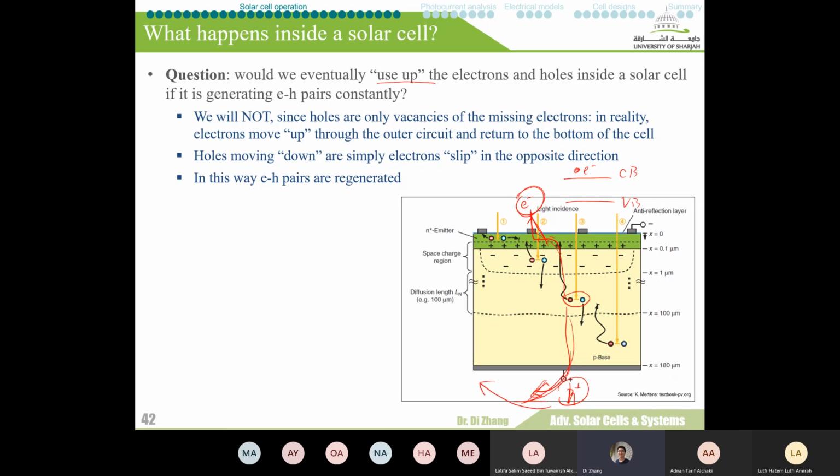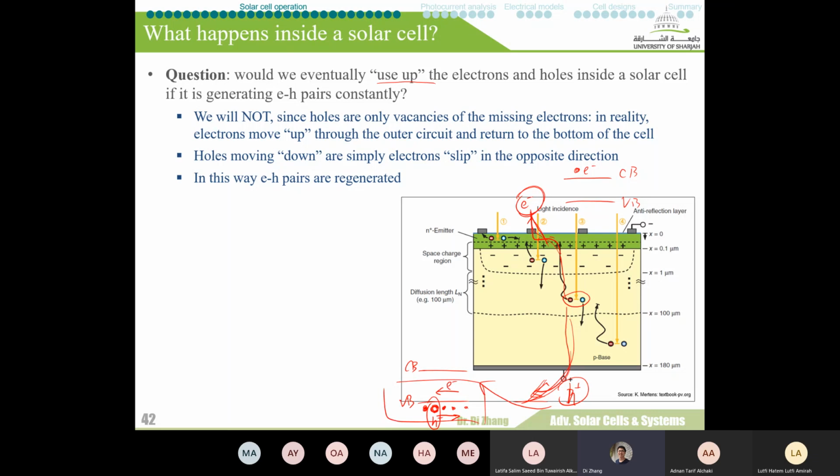We invent the concept of holes to talk about electrons in the valence band. Holes are the electron vacancy in the valence band. Specifically, holes moving in one direction equals electrons going in the other direction, in the valence band.